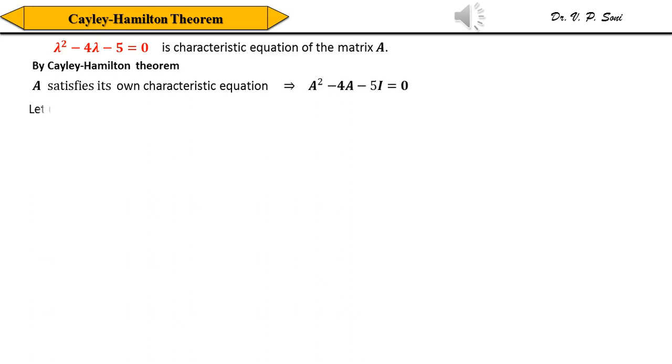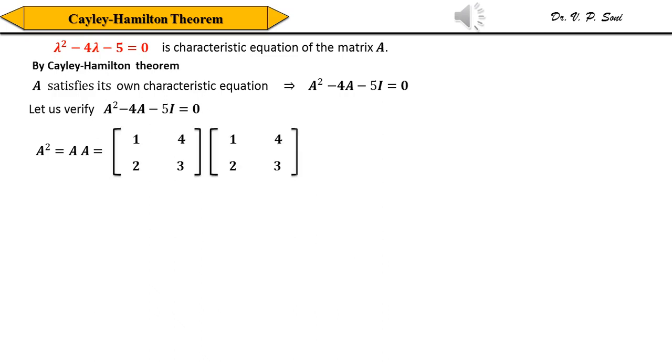Let us verify A square minus 4A minus 5I equals 0. First we find A square. A square equals A into A. Then we get the matrix whose first row is 9, 16, second row 8, 17.